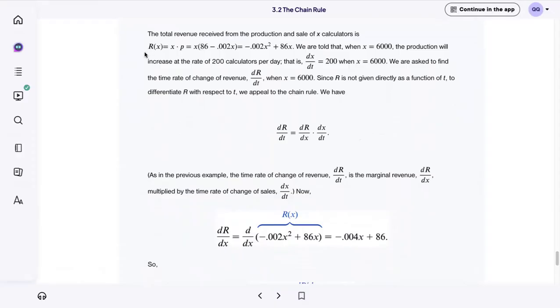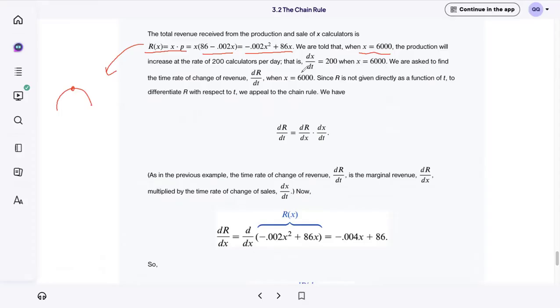So we know from a previous chapter, the revenue function equals the price multiplied by the quantity being produced or sold, right? And the price is given as 86 minus 0.02x. So simplify this, we just get negative 0.02x squared plus 86x. Downward parabola, right? This is the revenue function, a downward parabola. We are told that when x equals 6,000, the production will increase at the rate of 200 calculators per day.